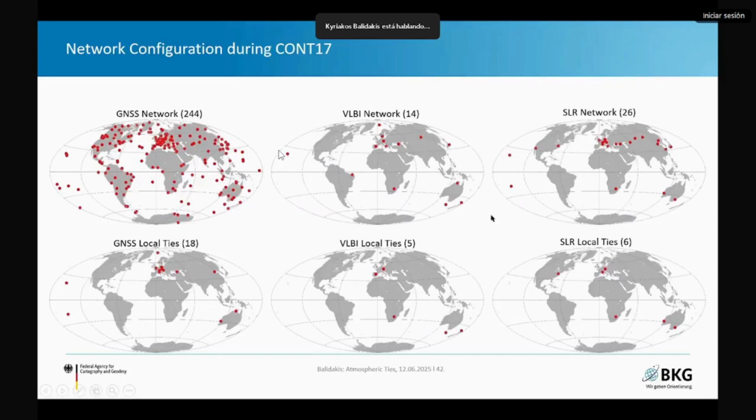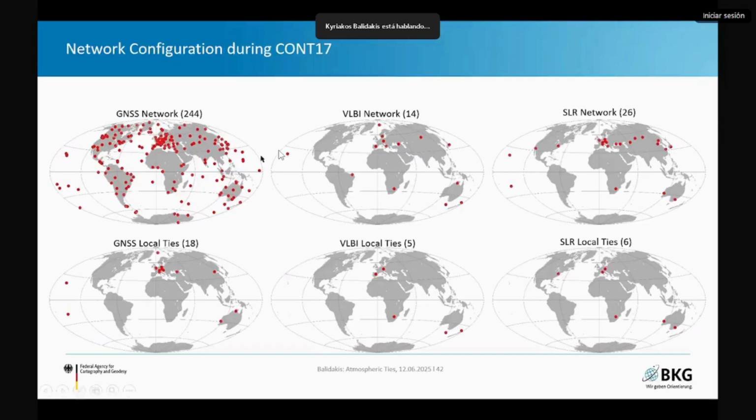So the way to do it usually is you say that the Earth orientation parameters between these 3 techniques are equal, and then you also combine with the so-called local ties. Local ties mean that next to a VLBI station, at a distance of 50, 100, 200 meters, there is an SLR station or a GNSS station, and the difference between them is very accurately measured by a surveyor.